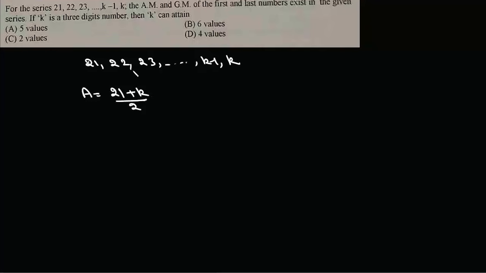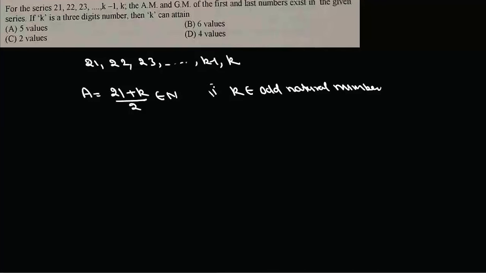And since this series is a series of natural numbers, this A must be a natural number, and it will be a natural number if this k is an odd number. So its arithmetic mean will exist in this series if k is odd.